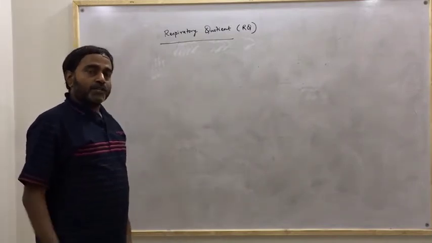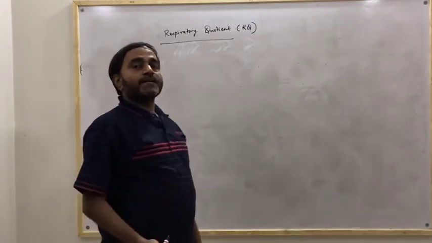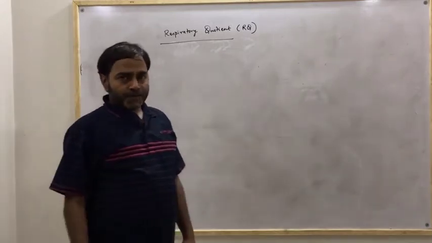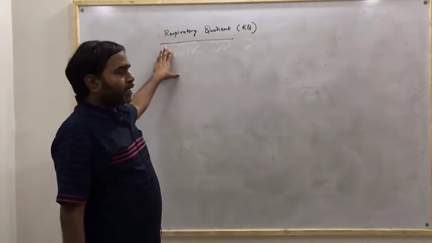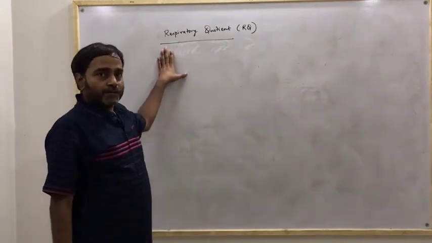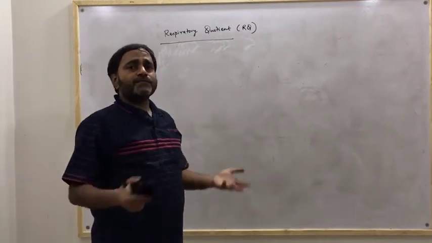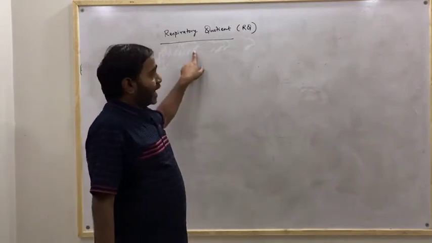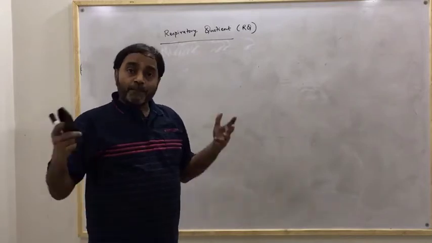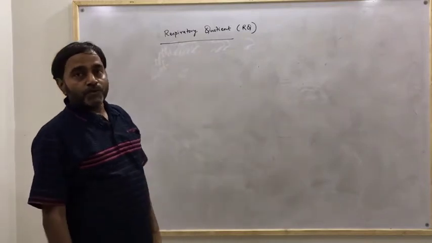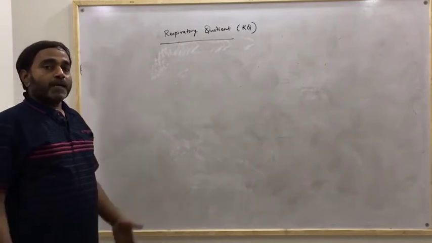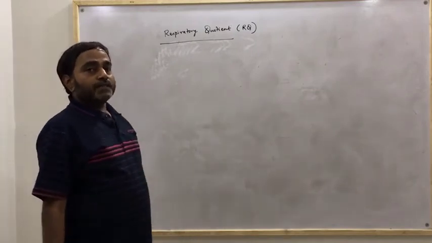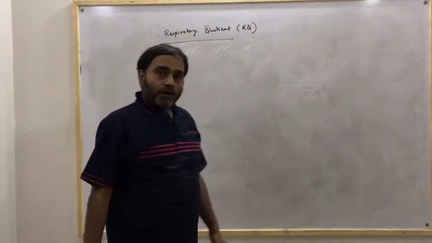Respiratory coefficient is also a coefficient, as you might have heard in several other topics, and it is a relative term because it does not have any unit. It can be helpful in calculating the basal metabolic rate, because you know that BMR is calculated to know about the metabolism going on within the organism or within the body.